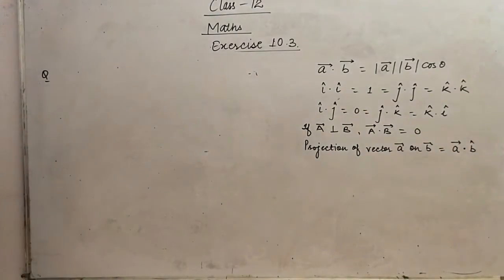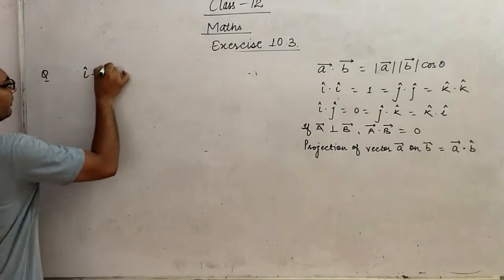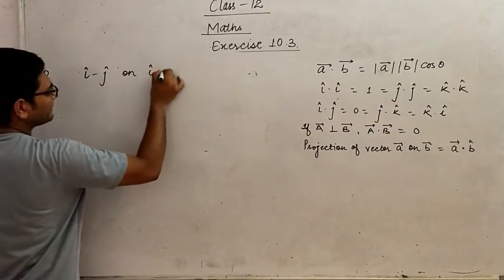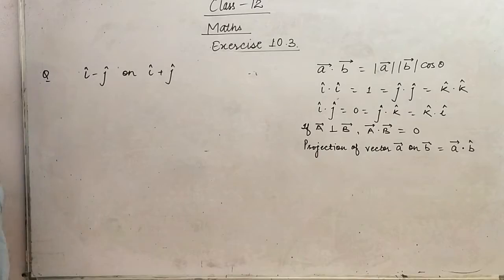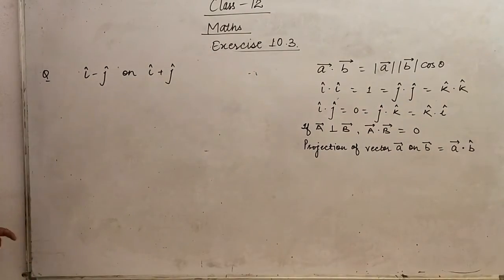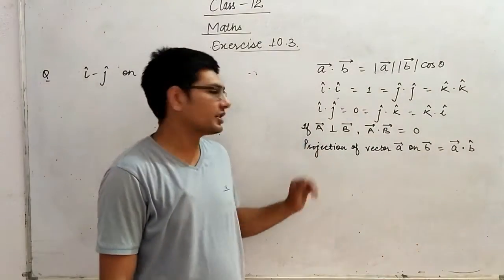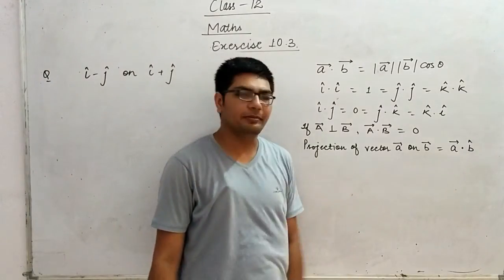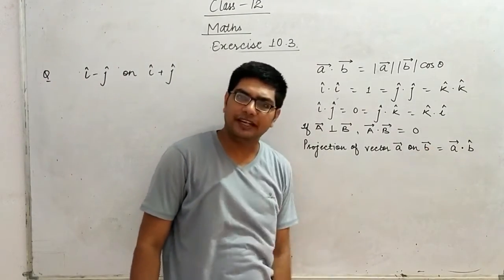In question number 3, we have to find the projection of vector i cap minus j cap on vector i cap plus j cap. For that, you just see the last line of that formula list. The projection of vector A on vector B is given as A dot B cap.